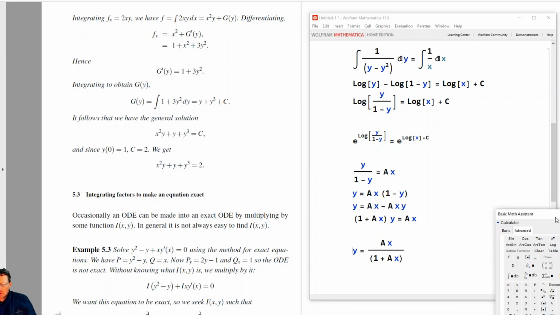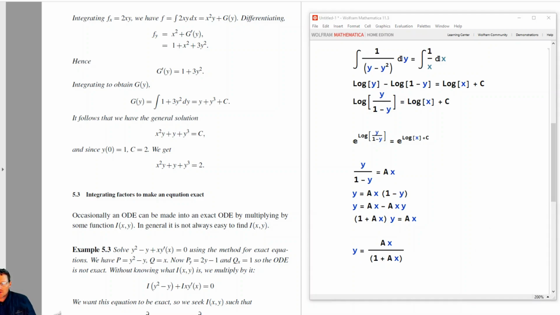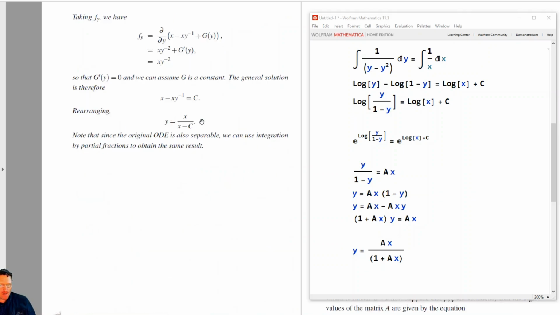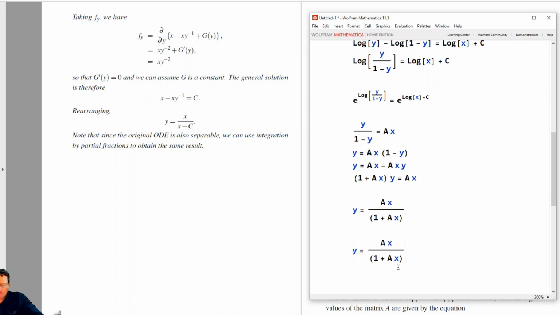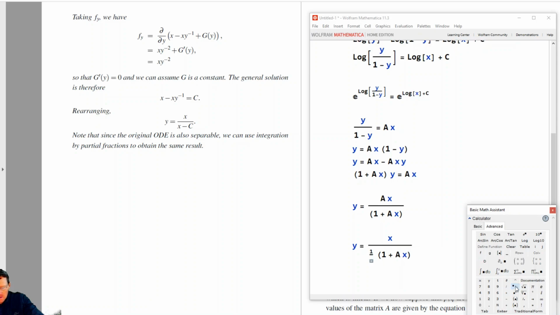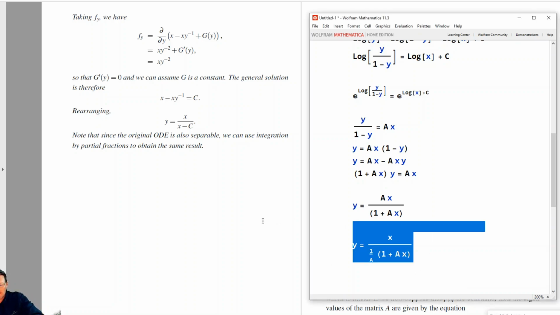Okay, and so I expect the solution that we just got should look a lot like this. So let's have a look. So we got x over x minus c. Now let's just divide both sides of this by a, or multiply by 1 on a on top and bottom. So that would eliminate this one, and then we would have a 1 over a out the front here that we could take in.